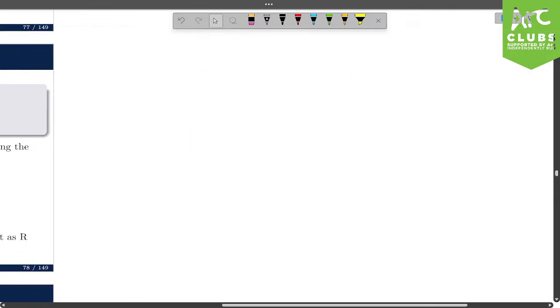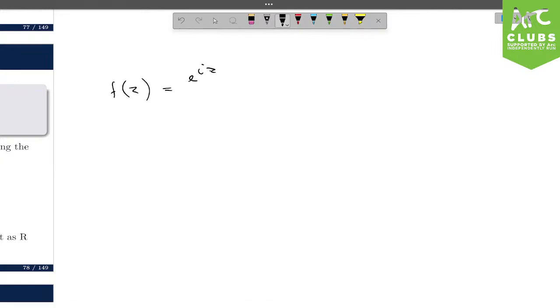So we're given this function f of z being e to the iz over z, and the integral we want to find is sine x over x, which we can rewrite as sine z over z. Doesn't matter what variable we use, it's still the same integral, right?